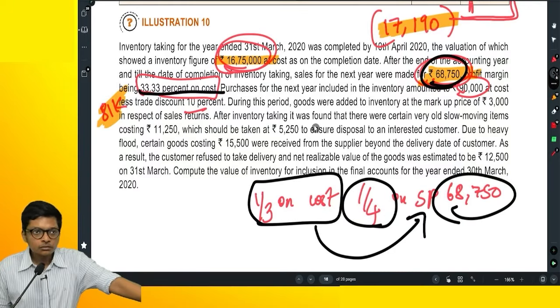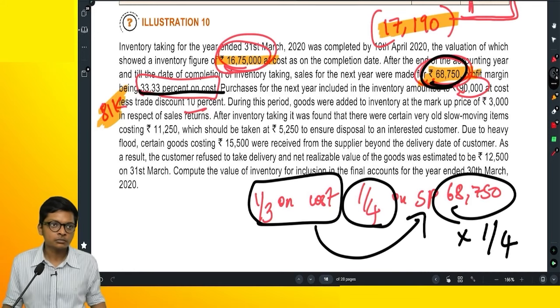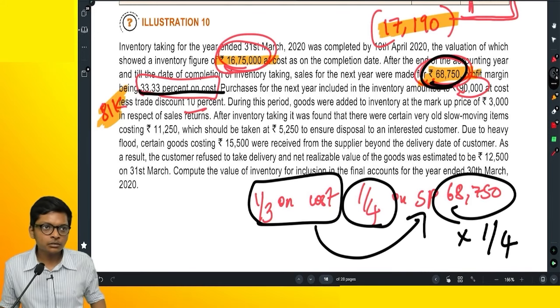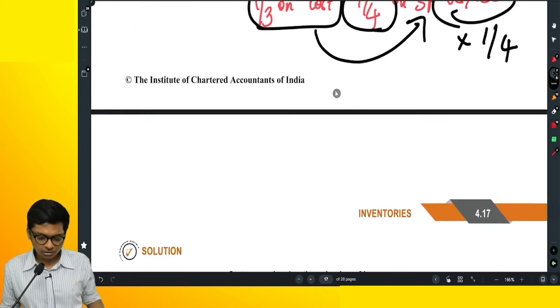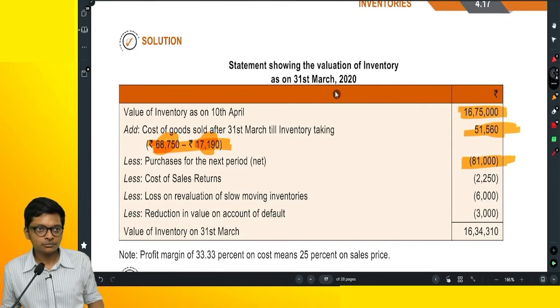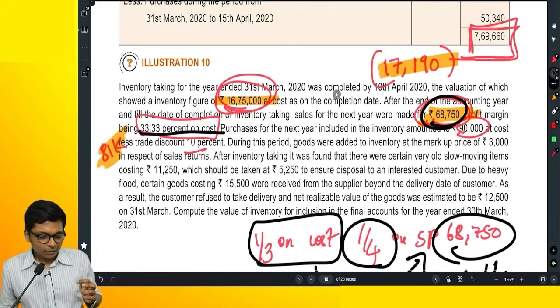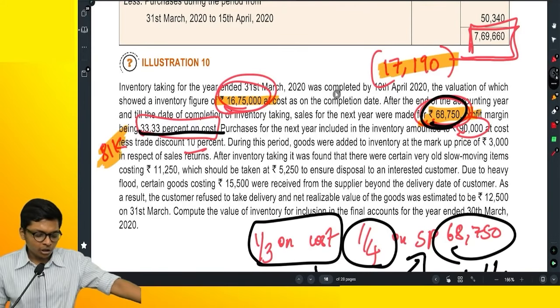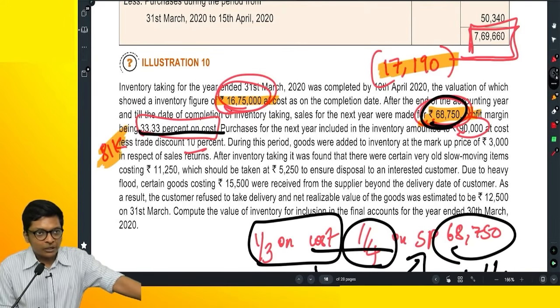68,750 into 1 by 4. Tell me a round number. What is the difference? 2 rupees. Fine, 2 rupees. That is mainly because you are using the shortcut 1 by 3 and 1 by 4.